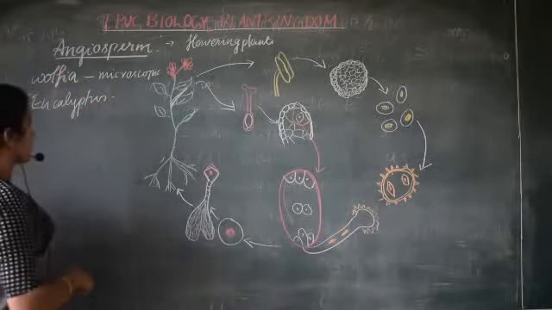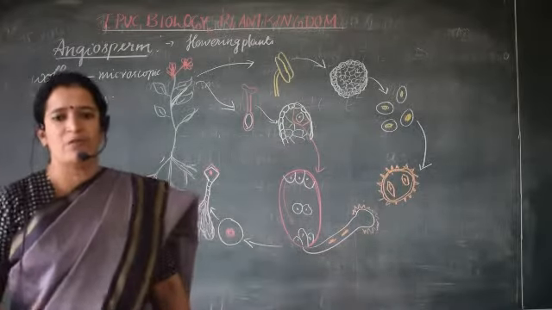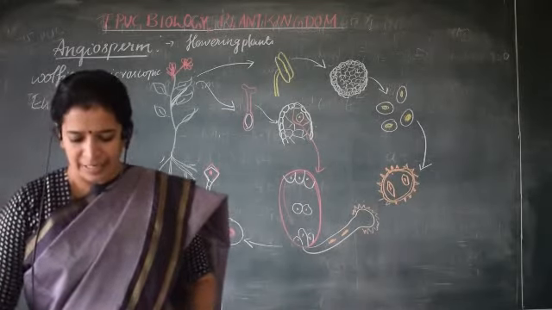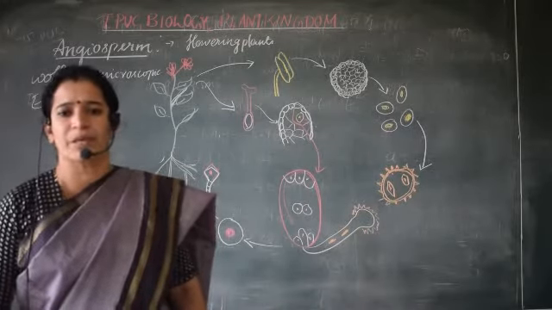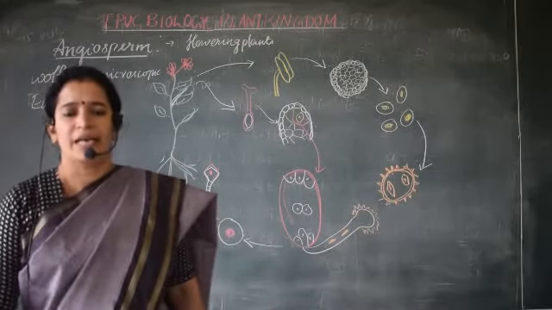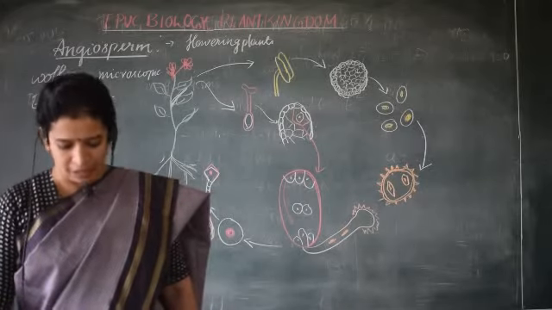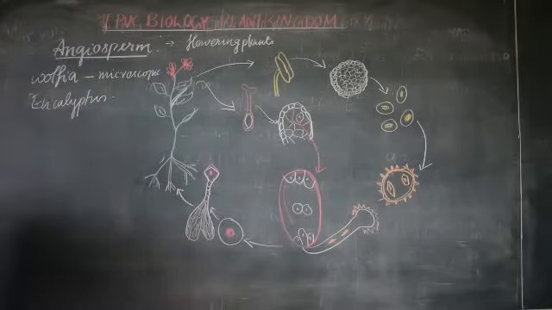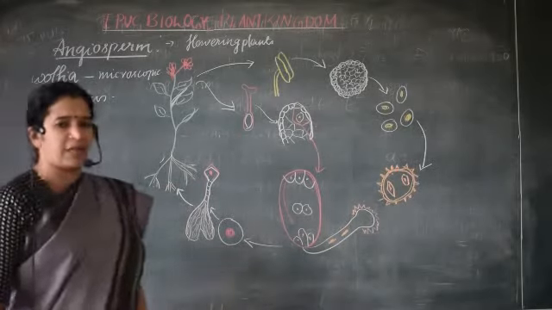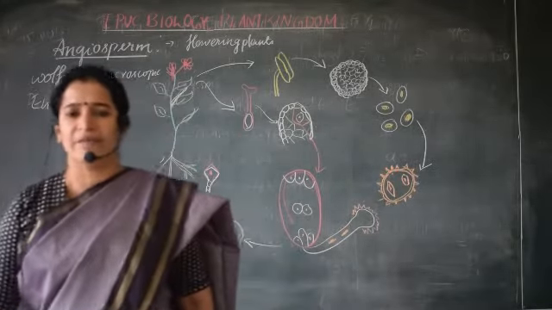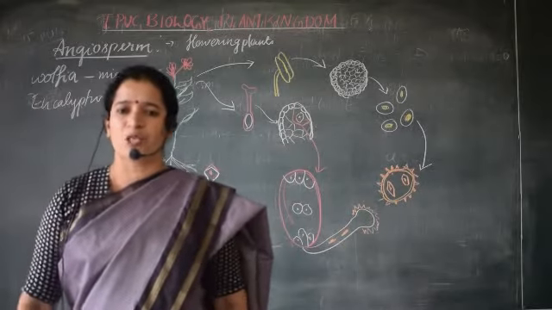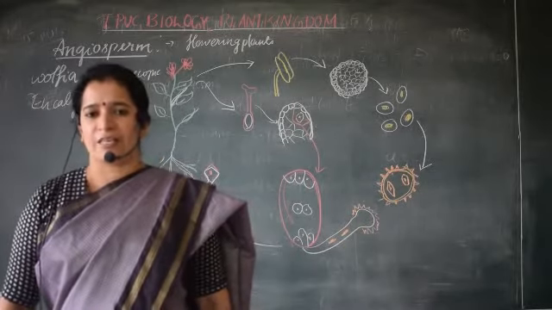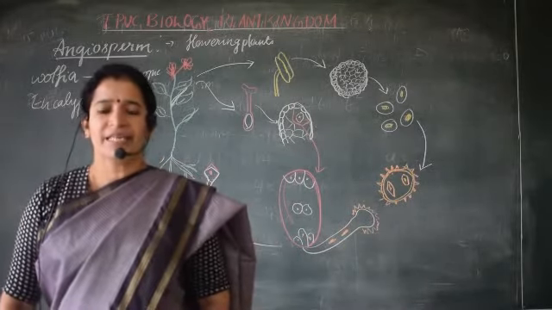Angiosperms include a wide range of plants, from the microscopic Wolffia up to a large eucalyptus tree. Then if you talk about the economic importance, of course they have wide importance in our life. They can be used as food, fodder, for medicinal value, and also fossil fuel.